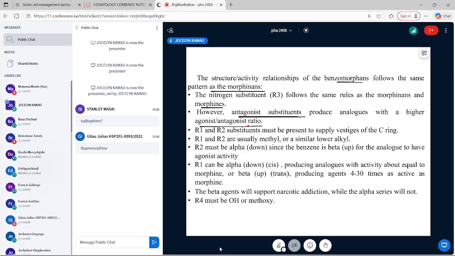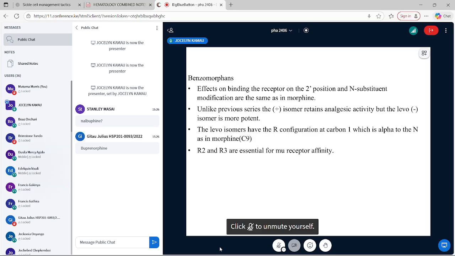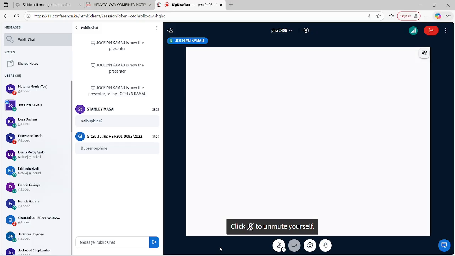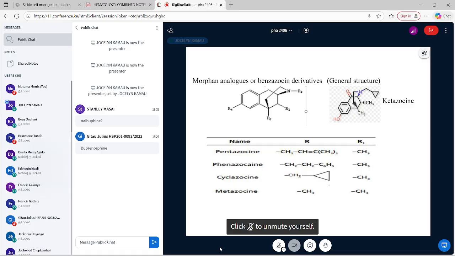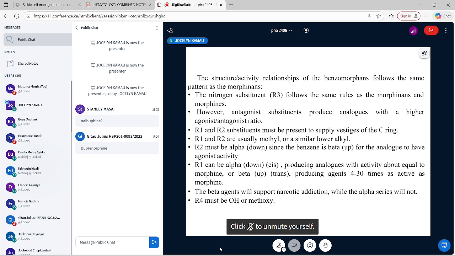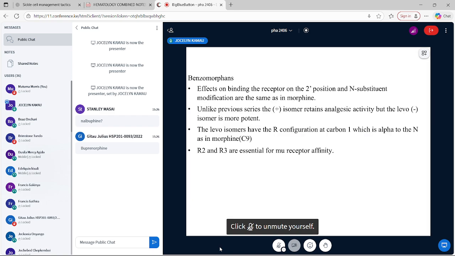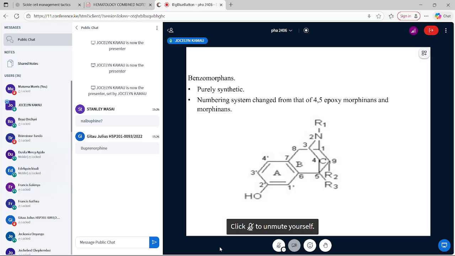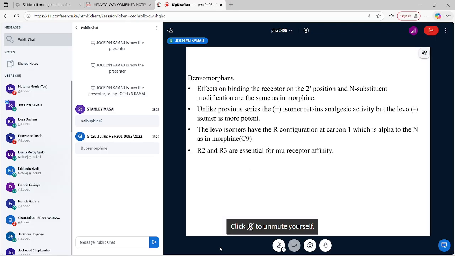R1 and R2, see now here have changed. Sorry, I should have retained the same. Sorry about that. So now I'm calling them R1 and R2. Let me see which structure I'm looking at.